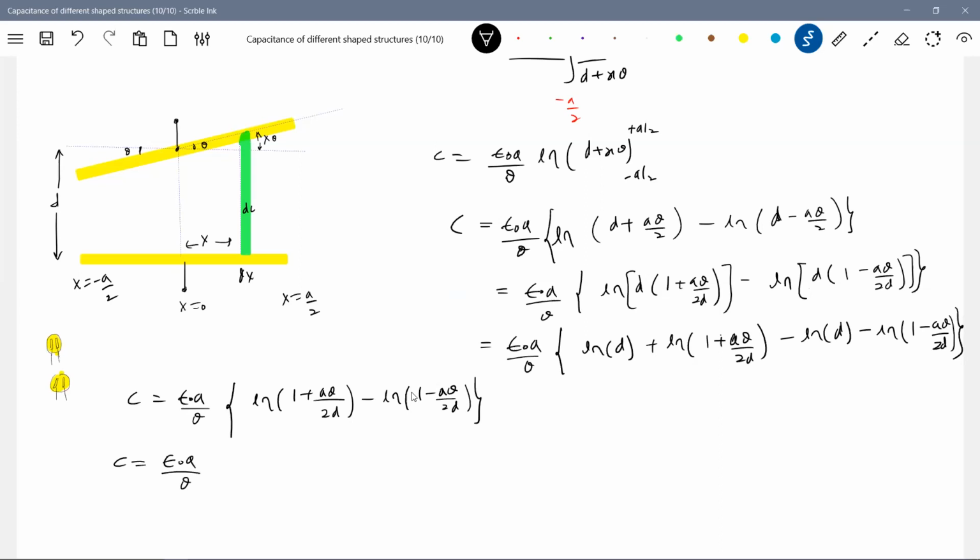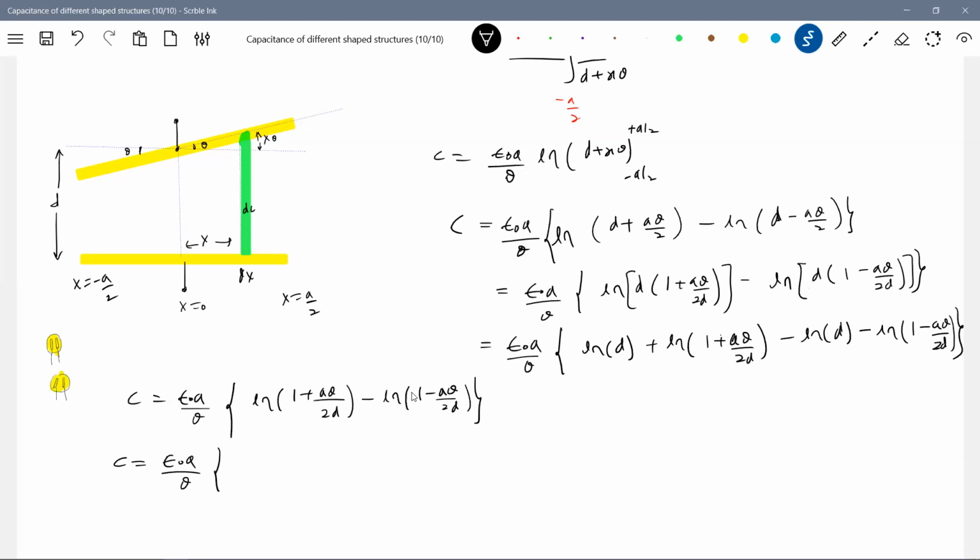Expansion of log of 1 plus x will be x minus x square by 2 plus x cube by 3.